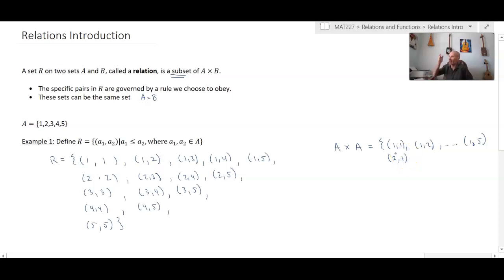Because in the cross product, every element gets paired with every element. So notice that (2,1) is not in the relation because it doesn't satisfy the rule. So this will contain every single possible pairing, which will be certainly greater than the number of ordered pairs in our relation.